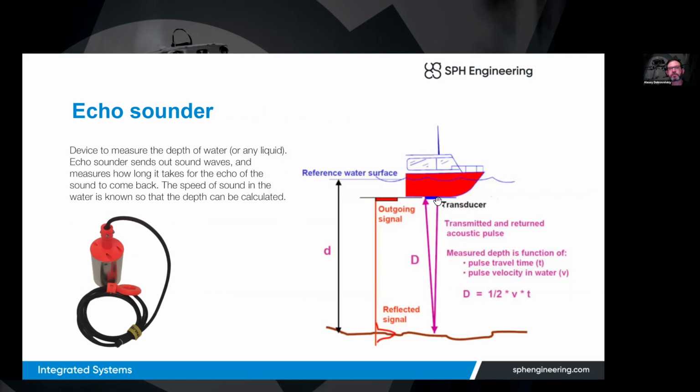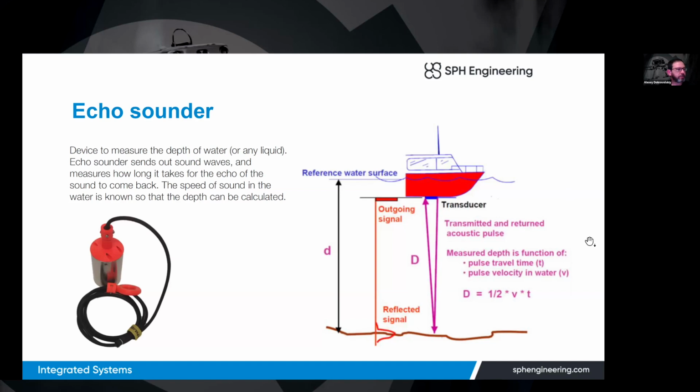Echer sounder will send the impulse to the direction of the bottom, will analyze reflected sound, reflected signal, and when we see the peak of the reflected sound, device will think that it is reflection from the bottom.